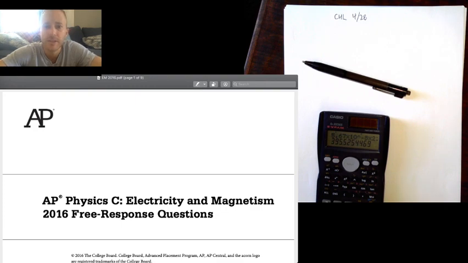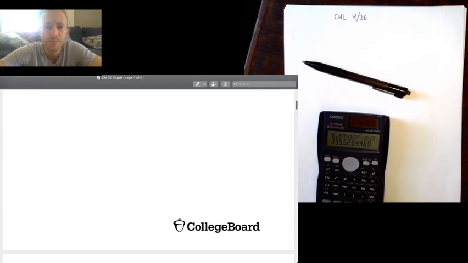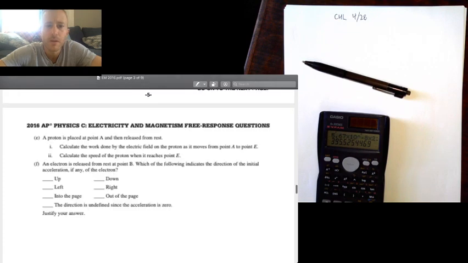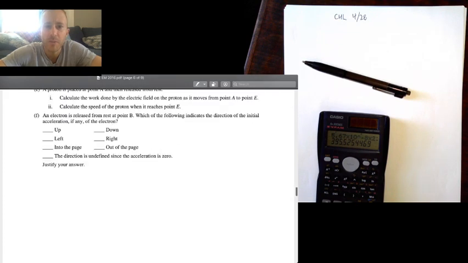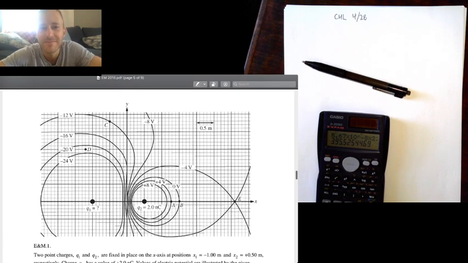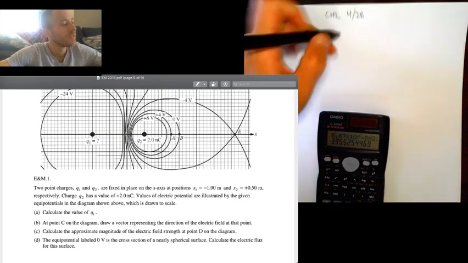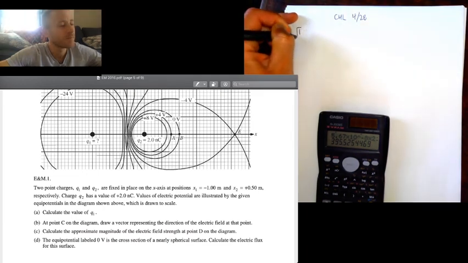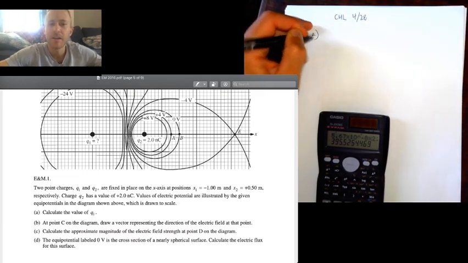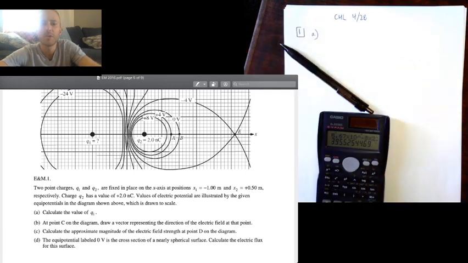So let's see. Question one. Ooh, I saw some equipotentials. Okay, number one, part A. Two point charges, Q1 and Q2, are fixed in place on the x-axis.